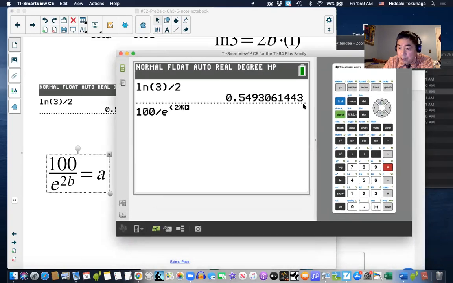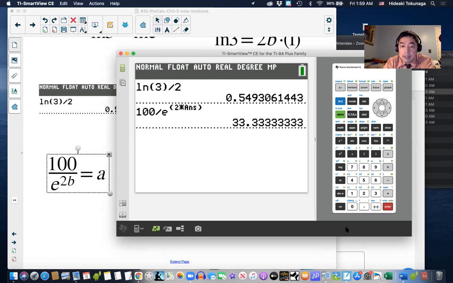If you use a TI calculator, you go to second, and this negative sign is the previous answer. Okay, I will close the parenthesis. 33.33.